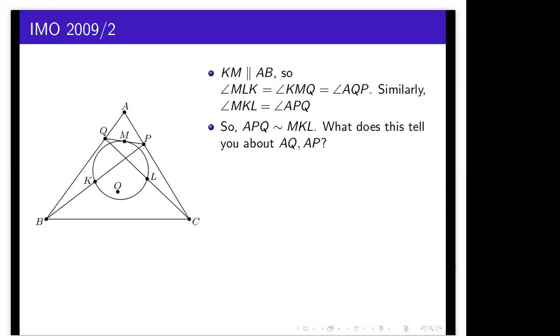So just from similarity ratios, we get that AP over AQ is equal to MK over ML.